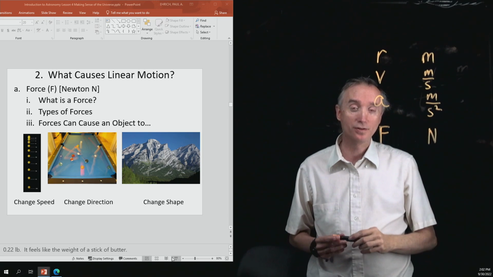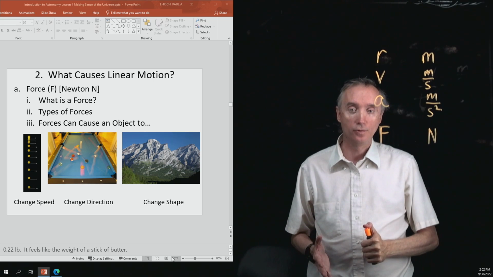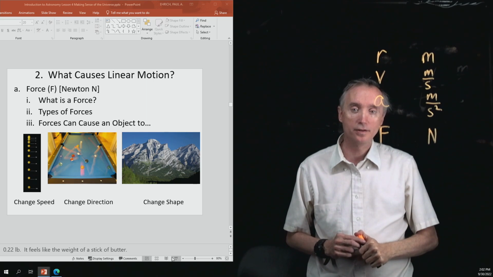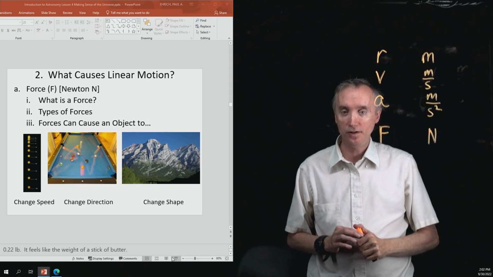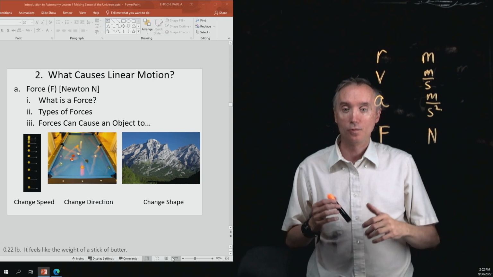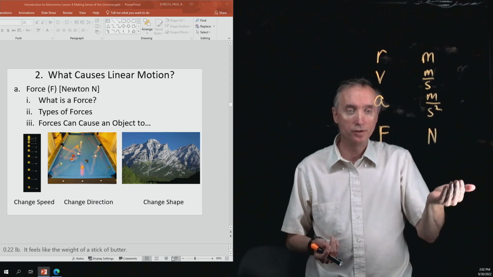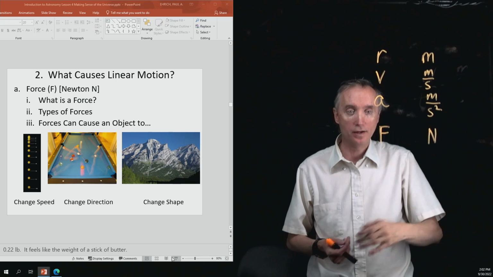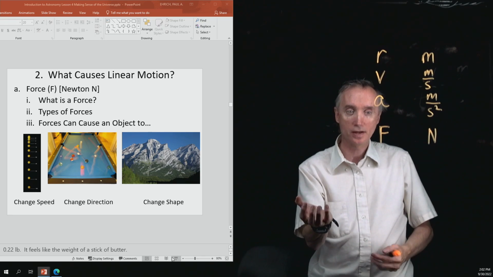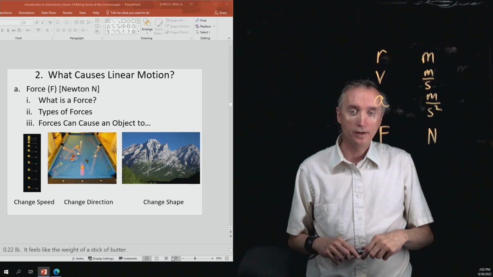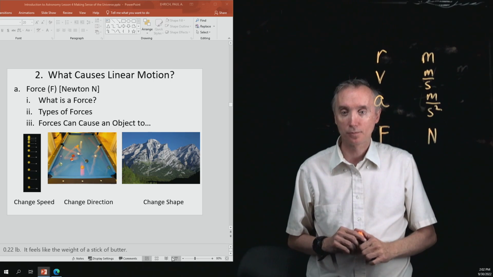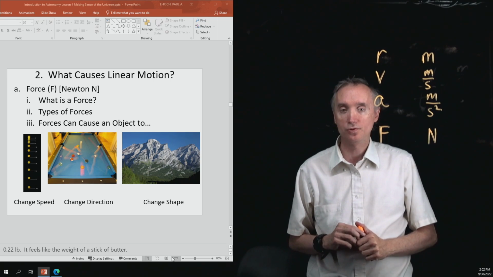Now, in case you want to know exactly what a Newton is, down there in the notes, I've got that 0.22 pounds would feel like 1 Newton. So if you had 1 Newton in this hand and 0.22 pounds in this hand, they would feel about the same. Or the weight of a stick of butter is approximately equal to 0.22 pounds.